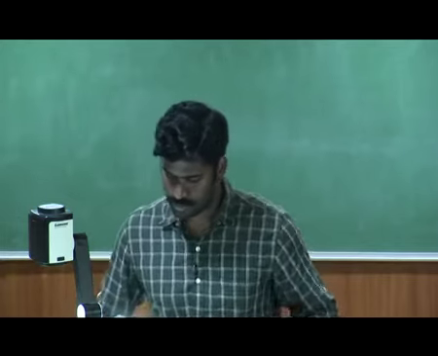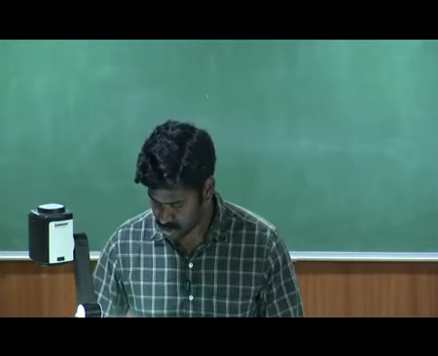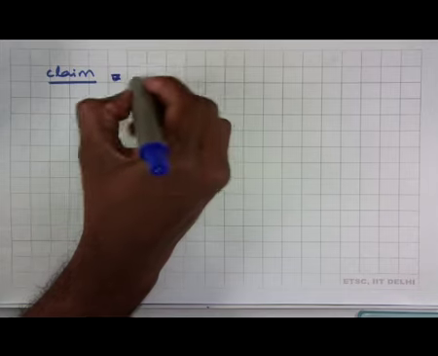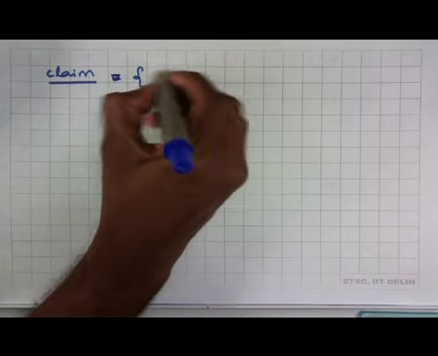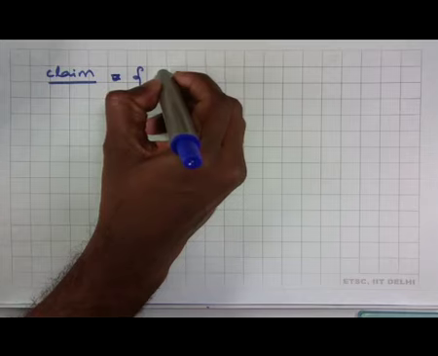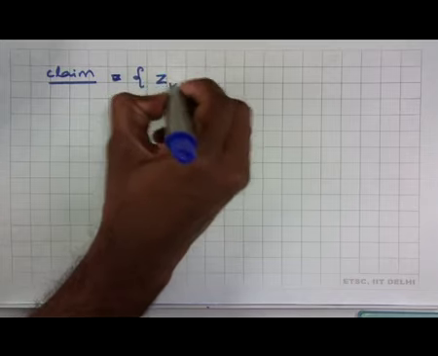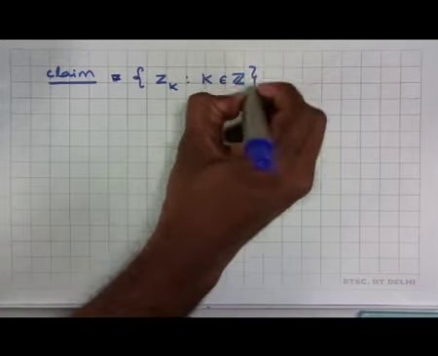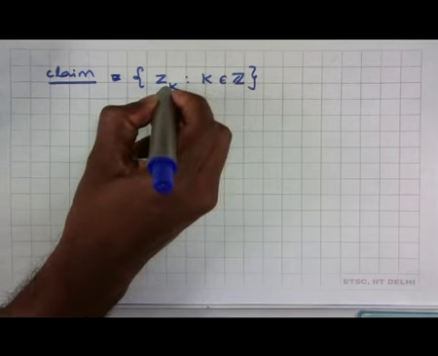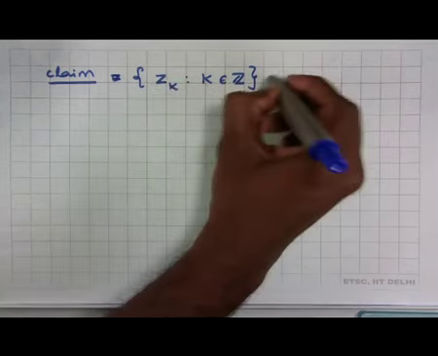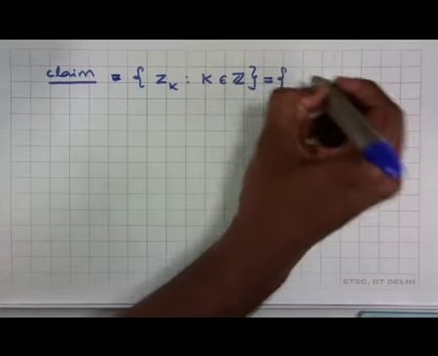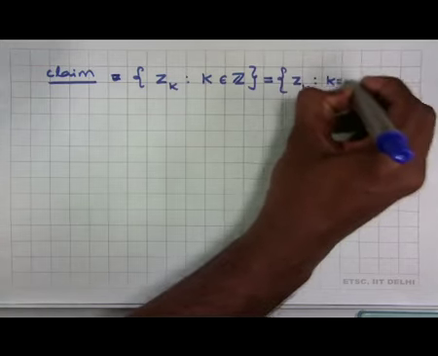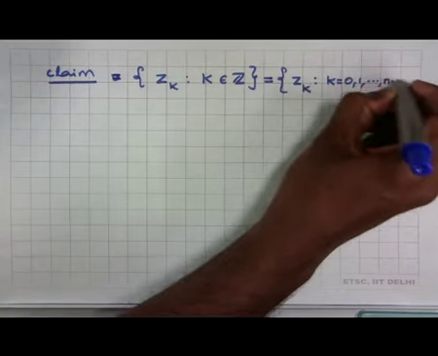Our claim is this: you collect the set of zk, in a similar manner, defined for all integers. For each integer you can associate a zk, and we are going to show that it is only a finite set, which is just the zk's with k from 0, 1 till n minus 1.